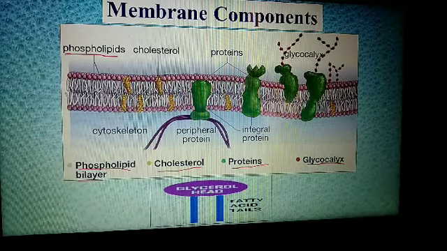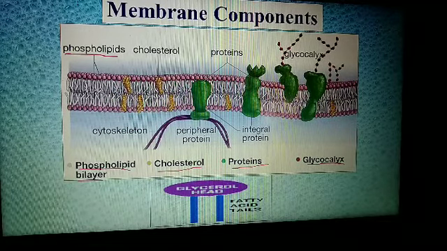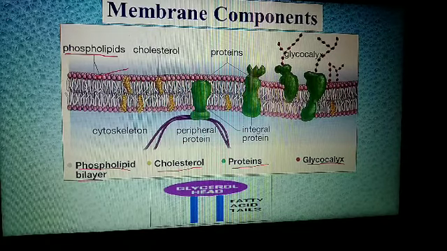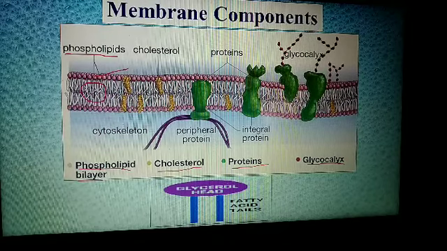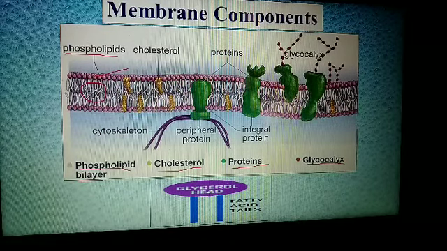Due to these characteristics, the head regions always point outwards and the tail regions always point inward. Here in the figure we can see this nicely, because of the hydrophilic and hydrophobic nature of the phospholipid molecule.